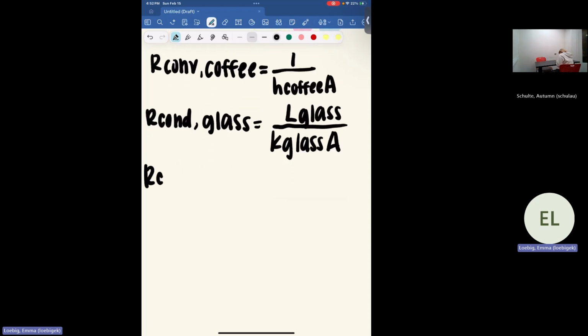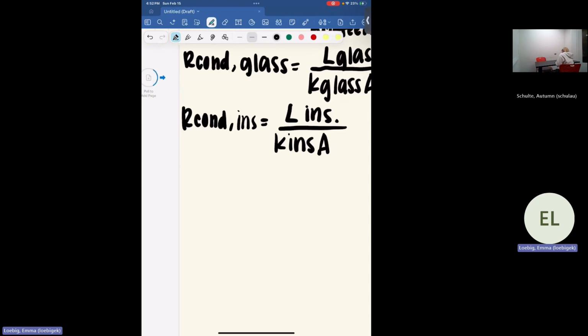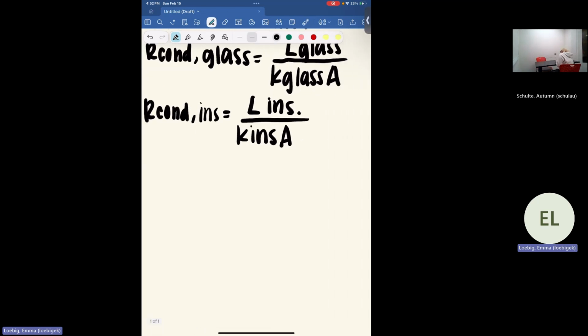Our resistance term for conduction through the insulation is the thickness of the insulation divided by the thermal conductivity of the insulation multiplied by the area. And finally, our resistance from convection to the air is 1 over the heat transfer coefficient of air multiplied by the area.